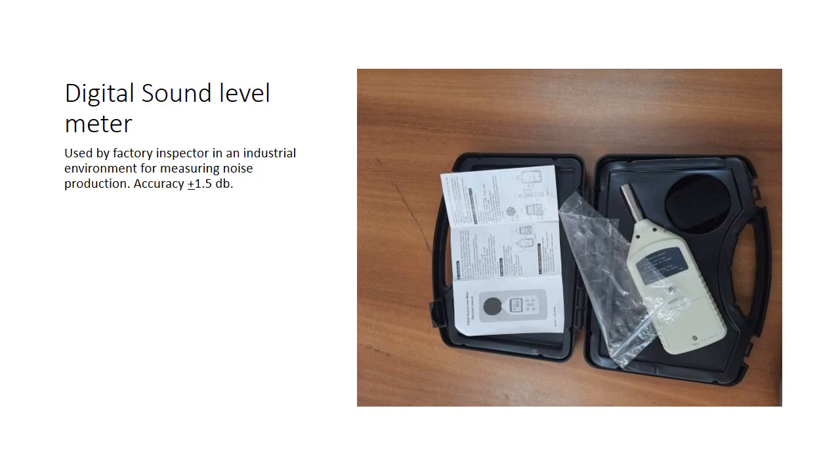This is a very simple battery operated instrument and gives us reading in decibel. The accuracy of this instrument is up to plus or minus 1.5 decibel. You may read in our textbook about the health hazards of noise pollution and various levels of decibels of noise generated at different places.